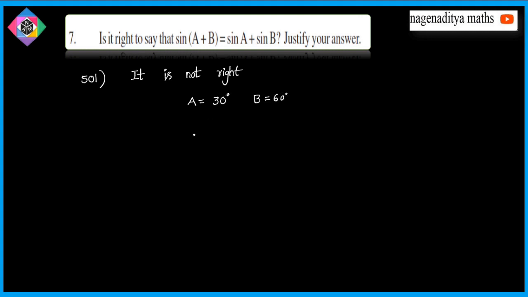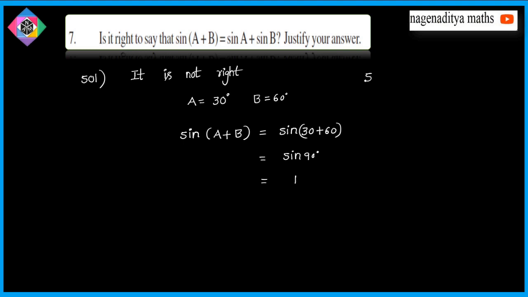Now sine of A plus B is equal to sine of 30 plus 60, which is sine 90 degrees. What is the value of sine 90 degrees? Sine 90 degrees is equal to 1. So this value is equal to 1.